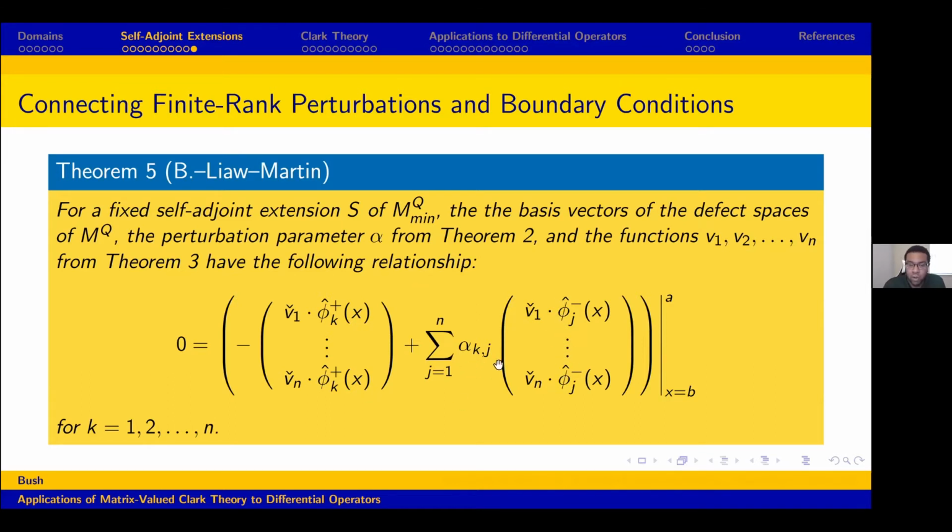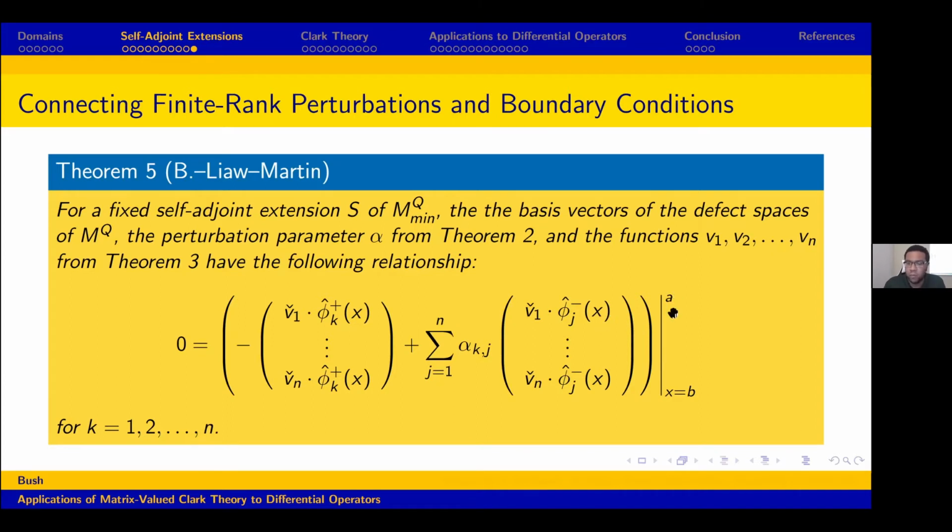We have our perturbation parameter alpha, which remember that's going to be an n by n matrix where n is the defect index of our operator. And these GKN functions that define the self-adjoint extension in terms of things that are in the maximal domain modulo the minimal domain.